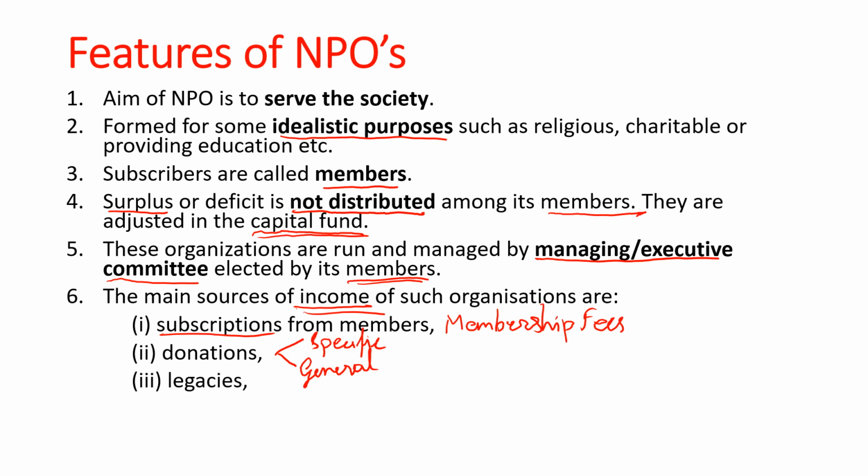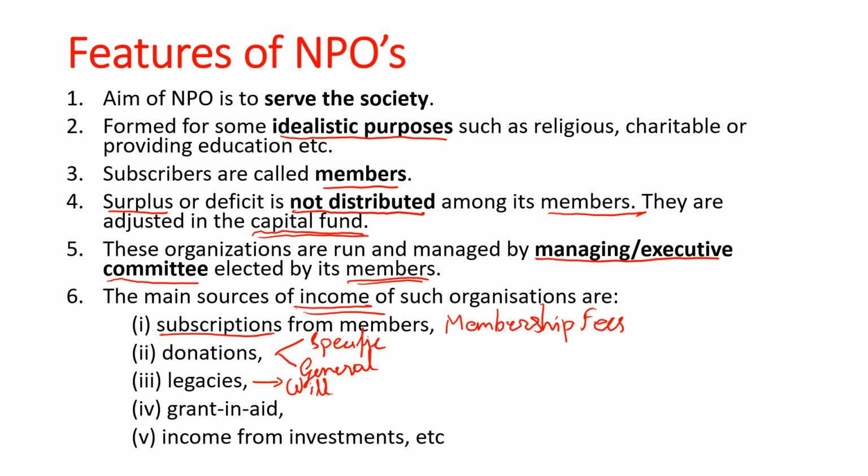Next one, legacy. Legacies are the amount transferred to the NPOs through the will of a deceased person. Next one, grant in aid. Some non-profit organizations like schools and hospitals receive grants from the government. This will be considered as income for such organizations.